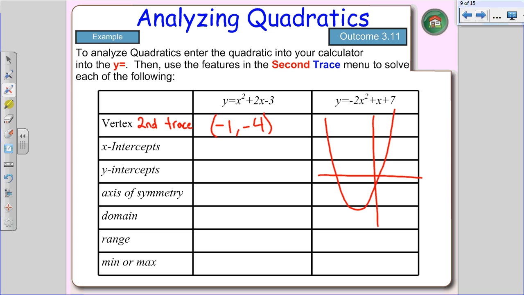The next thing we do, x-intercepts. We could do the x-intercepts by hand. If you remember, the x-intercepts, those are just your roots, or your zeros, or your solution to this equation when y equals 0.